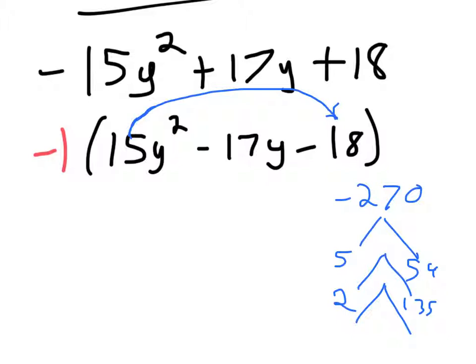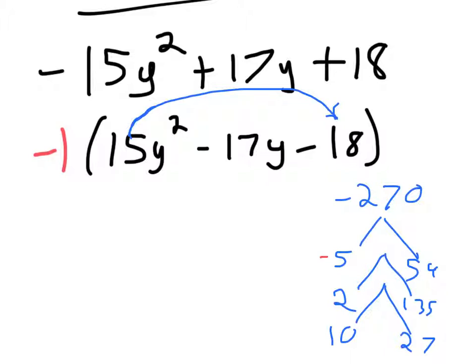For example, 5 and 54, I can guarantee you that's not going to work, because if you make this one be negative, -5 plus 54 makes positive 49, and that's not 17. Or if you made this negative, it's still not going to work. These two are still too far apart. These two are even further apart. Those aren't going to work, so let's keep looking for pairs of numbers that multiply to be 270.